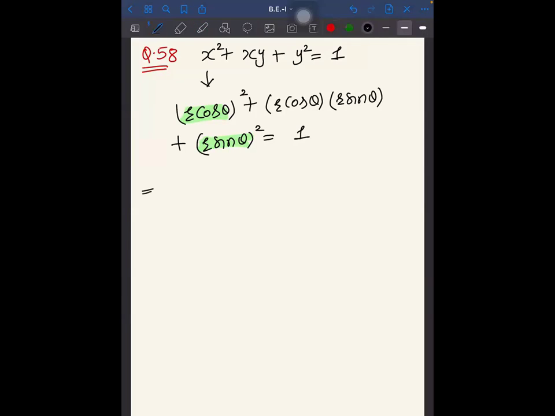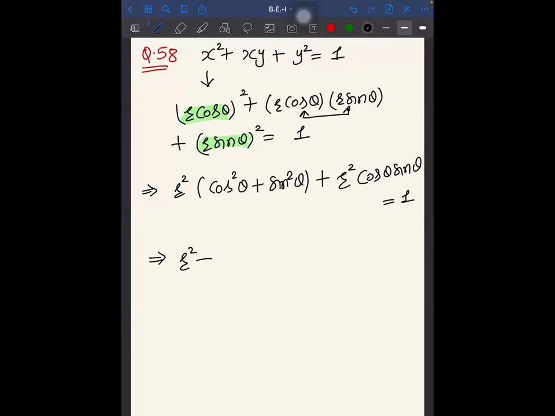So how are you going to do it? You simply take r square common: cos square theta plus sin square theta, plus these two factors become r square cos theta sin theta, is equal to 1. So that is r square plus r square sin 2 theta by 2 is equal to 1. Can we write it in this way? Is it okay?